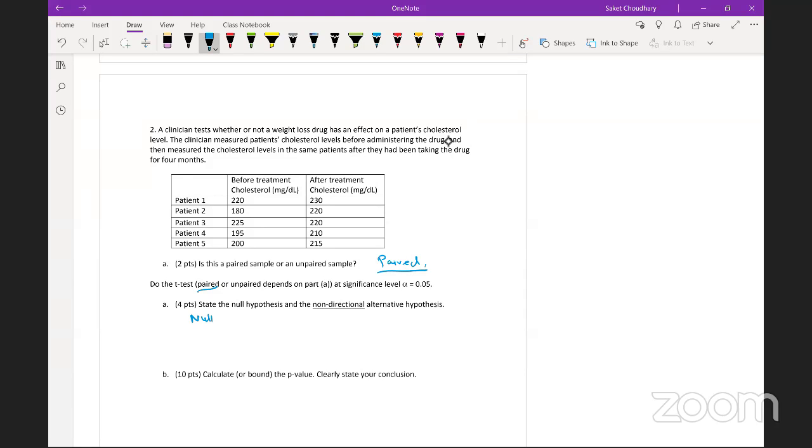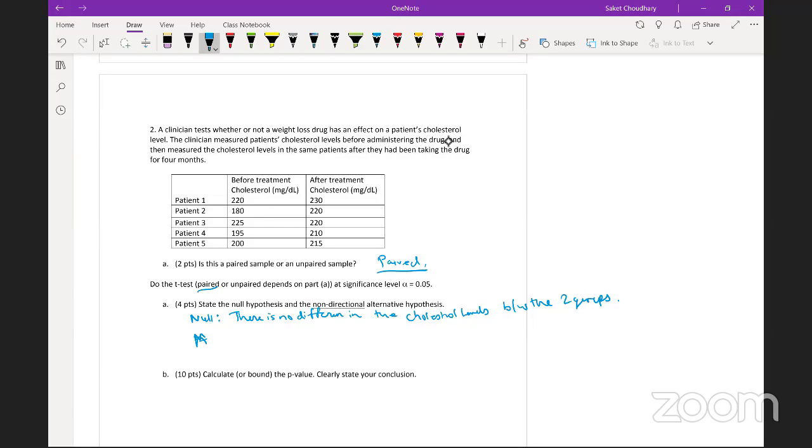Before we do that, we'll state the null. The null is that there is no difference in the cholesterol levels between the two groups.